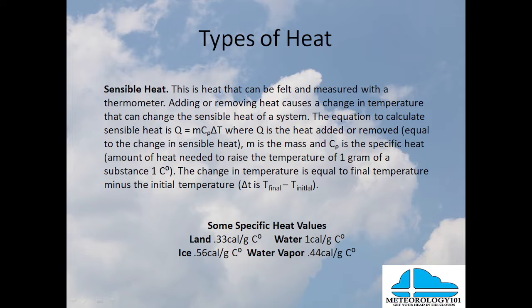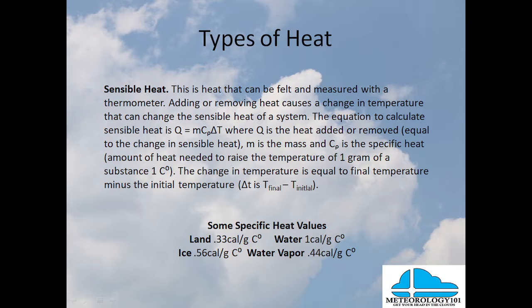M is the mass, c sub P is the specific heat, the amount of heat needed to raise the temperature of 1 gram of a substance 1 Celsius degree. And the change in temperature is equal to the final temperature minus the initial temperature. Delta T is T sub final minus T sub initial. So whatever temperature you ended with minus the temperature you started with, that is the change in temperature.